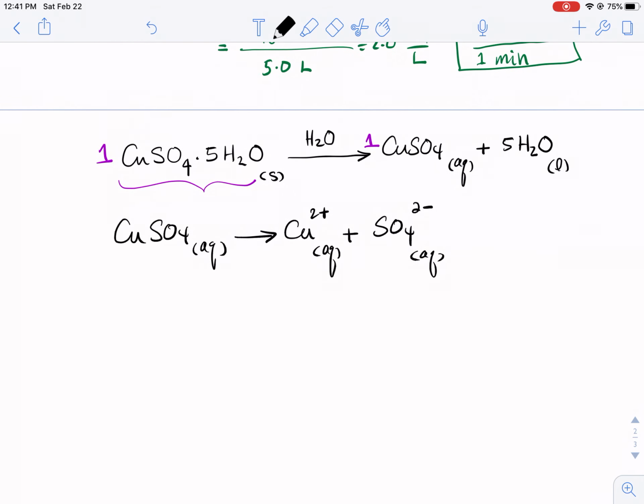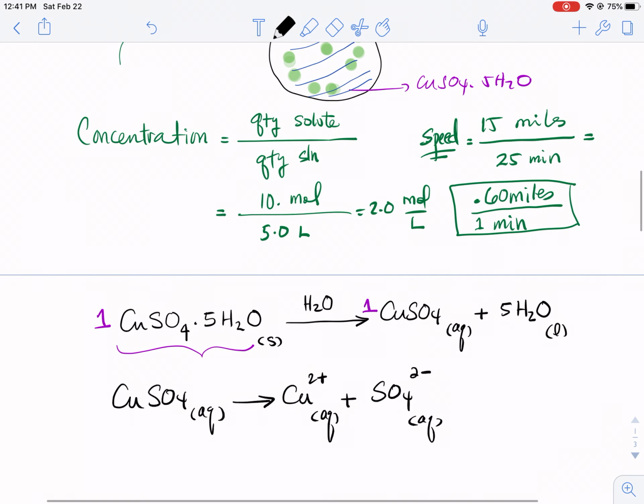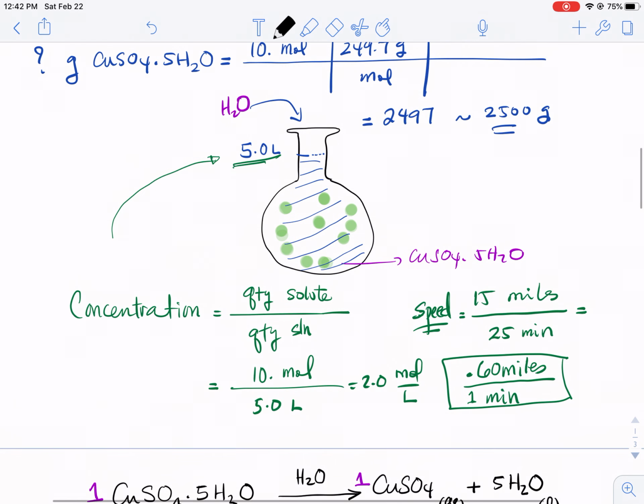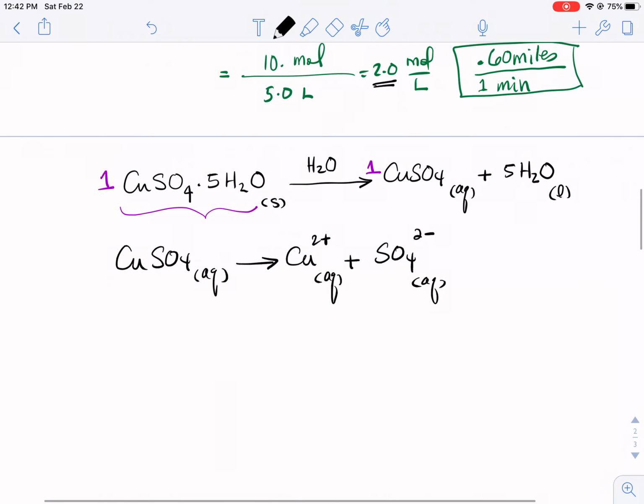So remember, we put 10 moles of copper sulfate into a quantity of 5 liters of solution, and we had a 2 molar solution. And now we can say that this solution that we prepared is 2 molar.